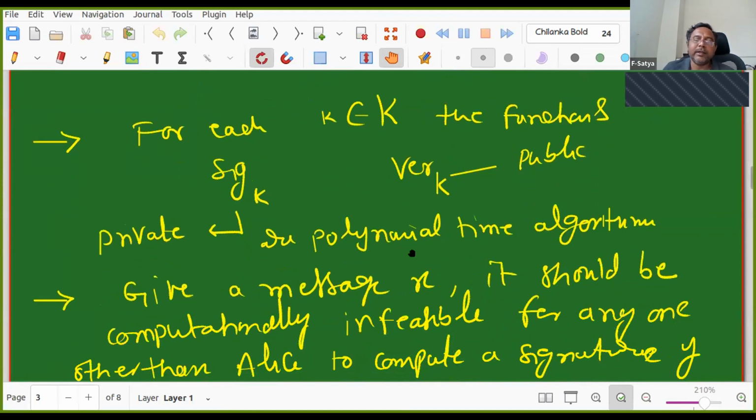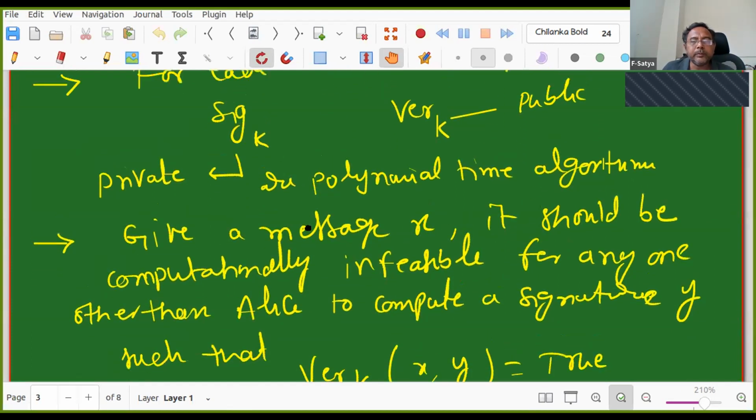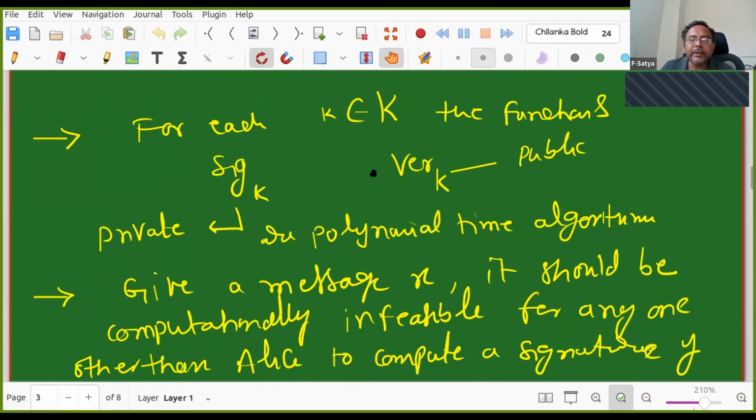These are polynomial time algorithms, because they have to be done in polynomial time. Is it clear? Yes. If verification takes a very long time, there is no use of a digital signature. Similarly, the signing algorithm has to be done in polynomial time.